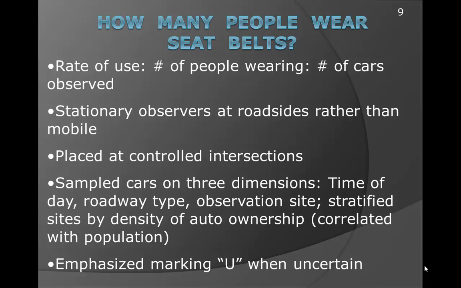So if they couldn't tell if someone was wearing their seatbelt or not, they marked it as a U. So when you're thinking about what you would like to do your field research on, I have had a wide variety of options or scenarios. I've had individuals who sat at a stoplight and counted how many people ran the stoplight. I've had individuals go and observe soccer games.